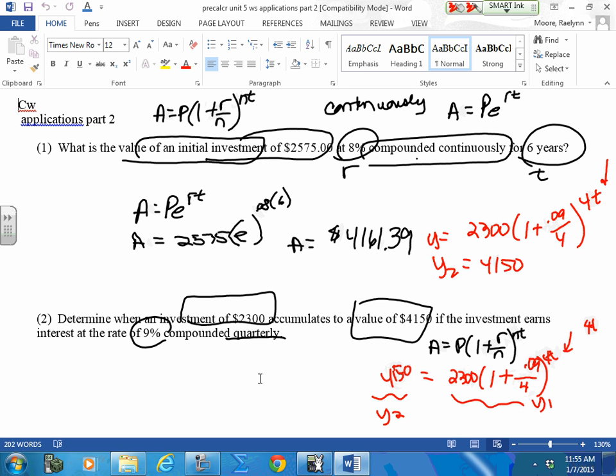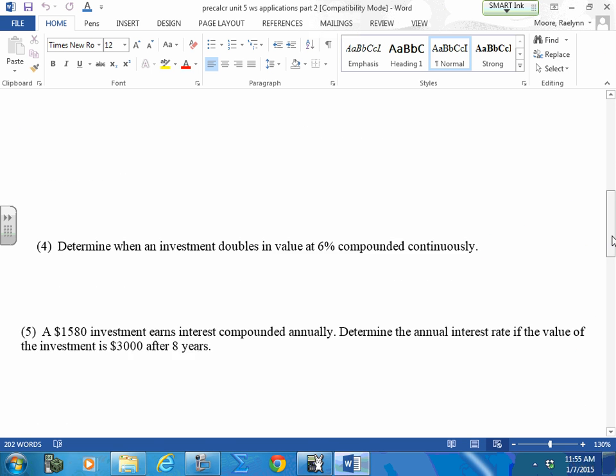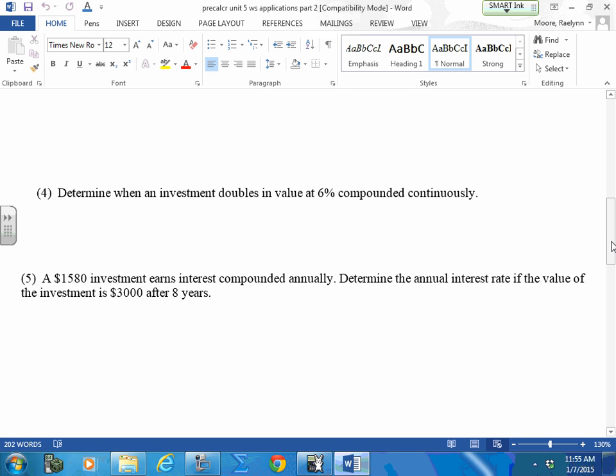Now, let me just give you a hint on one other thing. There is one that says your investment doubles. Your investment doubles. And say they're compounding continuously. Let me show you something. If I invest 100, what is it going to be? 200. When you divide this, it's 2 to 1.